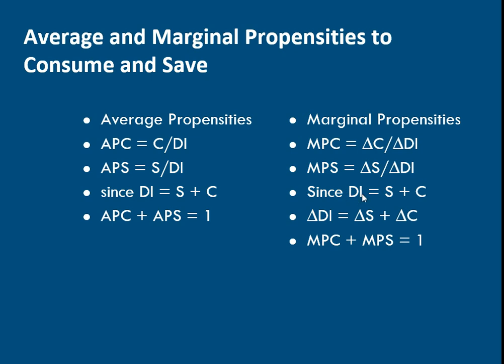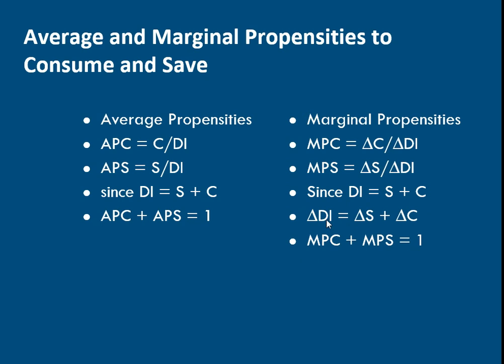As we know that disposable income is equal to saving plus consumption, so change in disposable income is equal to change in saving plus change in consumption, and this gives MPC plus MPS equal to 1.